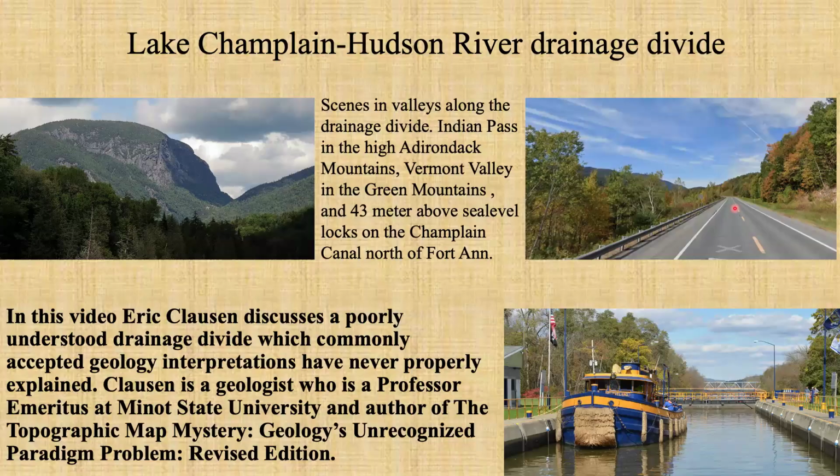So we're looking at a complex here of diverging and converging valleys, which cross the drainage divide. And these valleys must have been eroded at the same time, even though today there's more than 800 meters of difference in the elevation of their floors.